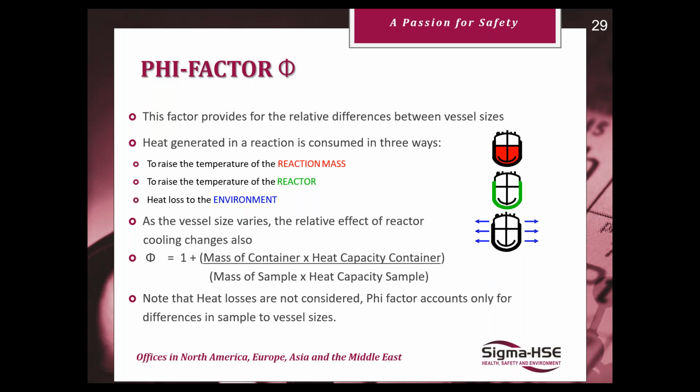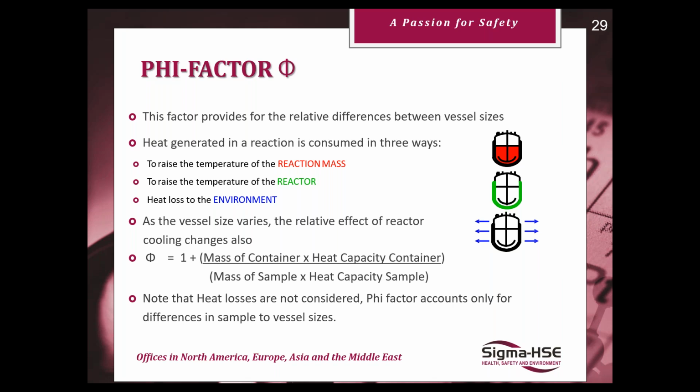So second bullet point there, heat generated in a reaction is consumed in 3 ways again. To raise the temperature of the reaction mass itself, which is what we were saying an adiabatic system will do, only that. Secondly, it will raise the temperature of the reactor itself, the materials of construction that are holding that reaction mass. And then third and finally, any heat losses to the environment.